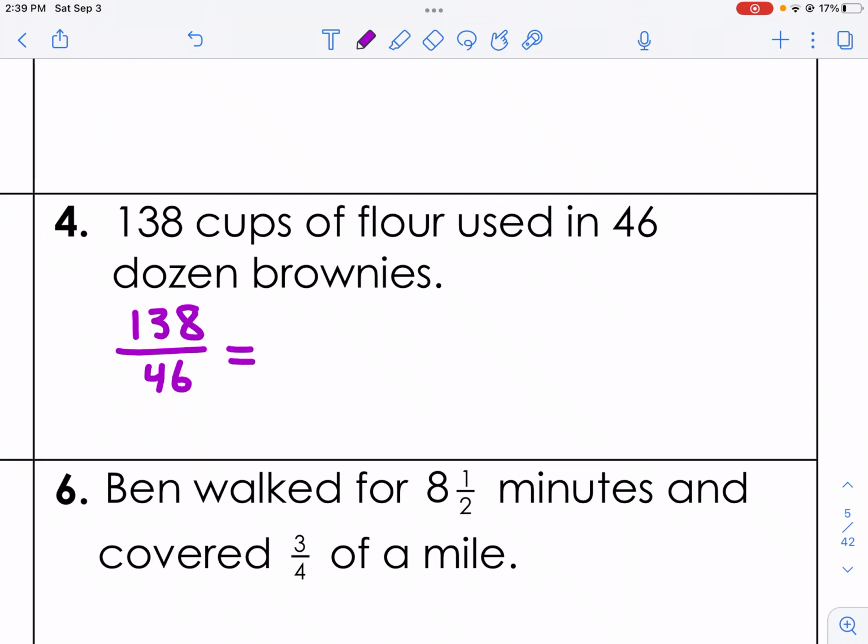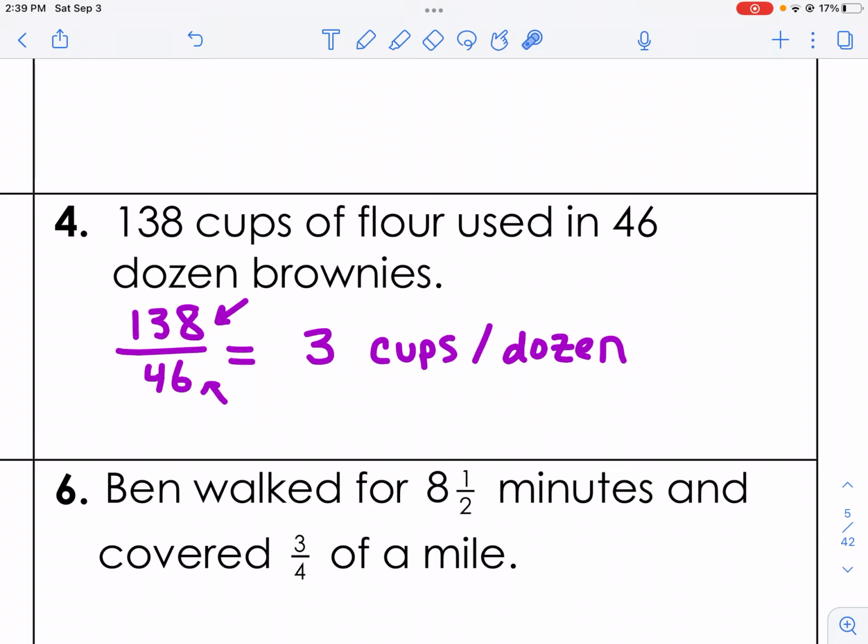I cannot divide this in my head, but if I grabbed a calculator and divided it, it would turn out that that gives you the number 3.3 cups of flour, because this is the cups up here, in a dozen brownies. So 3 cups per dozen. The order here matches the order here. Cups in dozen, cups per dozen.